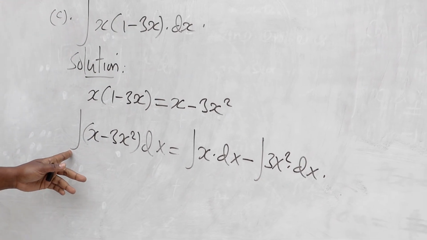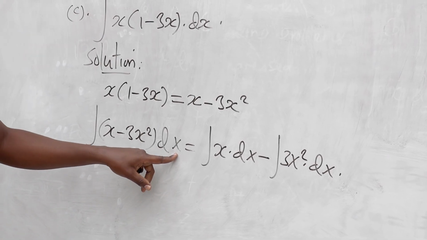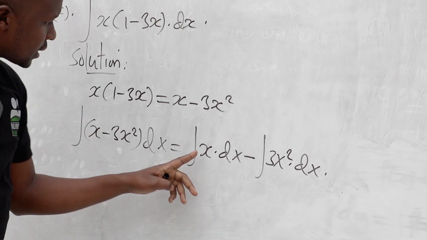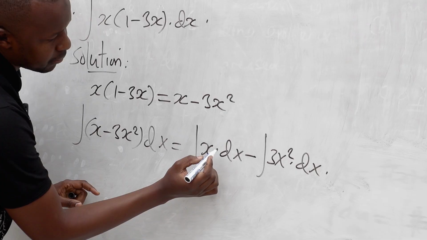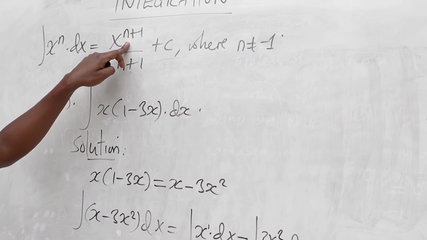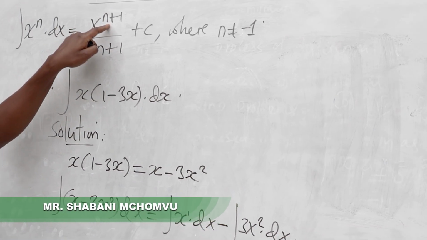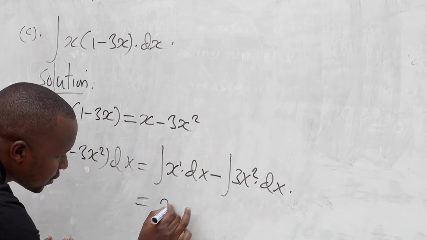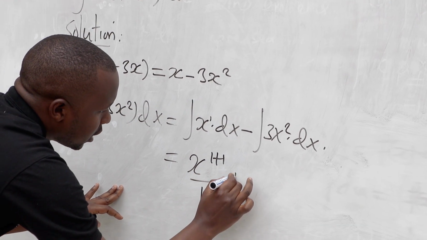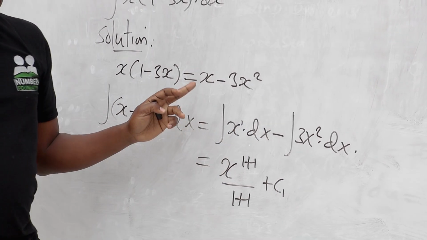You just take the integral sign inside the terms together with the letter of respect. Integrating x with respect to x, remember the power here is 1. So we can go to the power rule of integration. If the power is 1, it means our n is 1. So this becomes x raised to 1 plus 1 over 1 plus 1. Now we add constant 1 because we've just integrated this part.